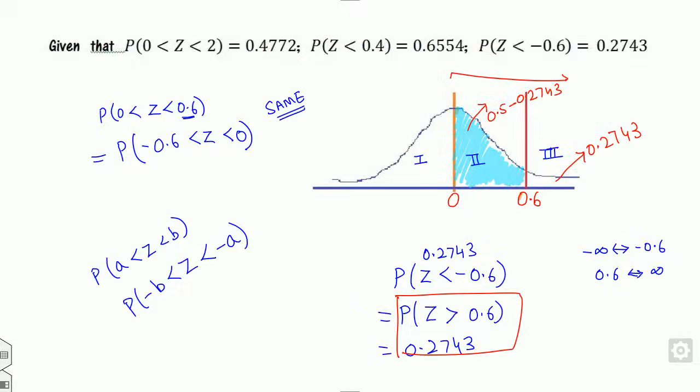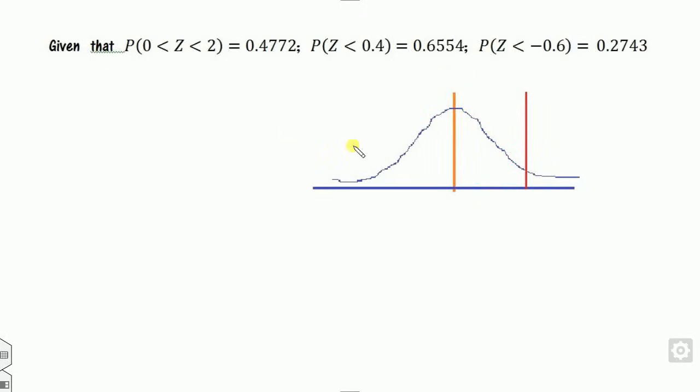Similarly, if you want to find more example, look at that. If I just write here, and this is my, say this, and I want to find this area. So it means if I call as this is 1, this is 2, this is 3 and this is 4, you want minus 0.4 to 0. So is there any value of the minus 0.4?